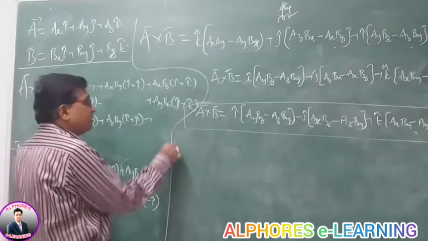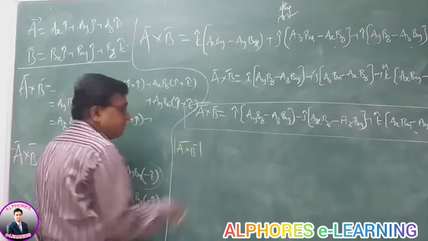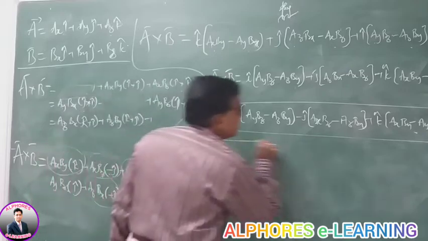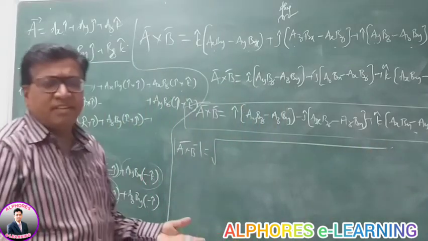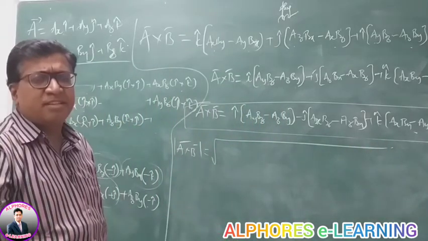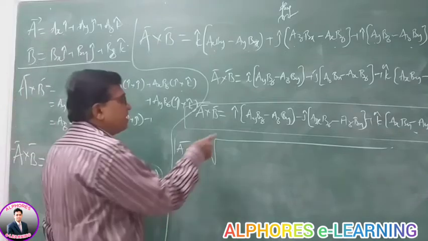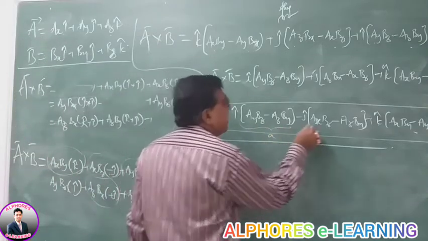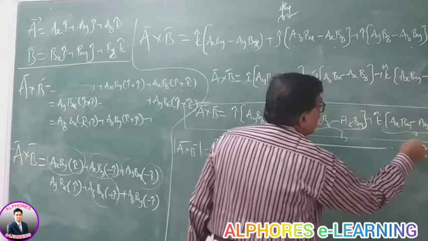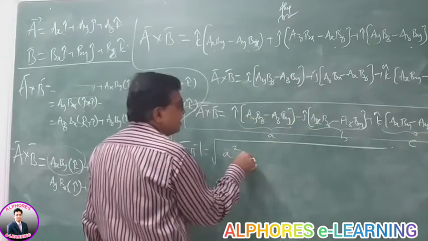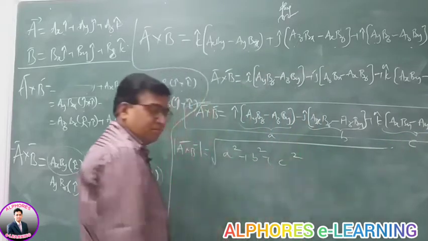Suppose you are asked to find the magnitude of a cross b. Then it is the under root of the magnitude. We know whenever a vector is given as a i plus b j plus c k, the magnitude is the root of a square plus b square plus c square.